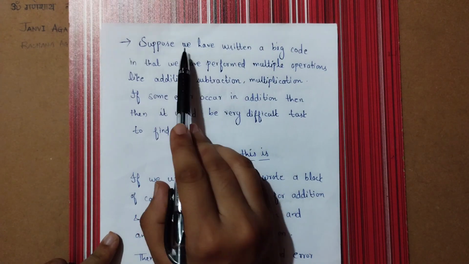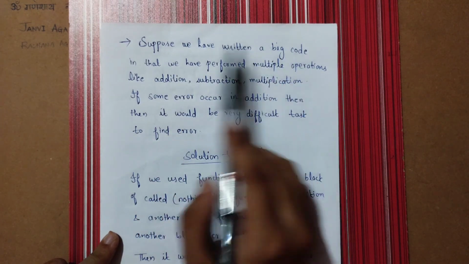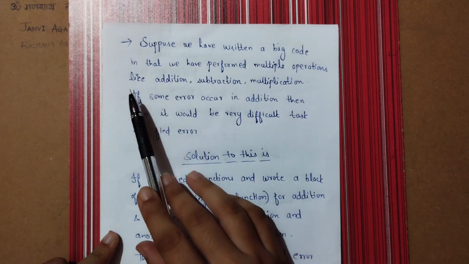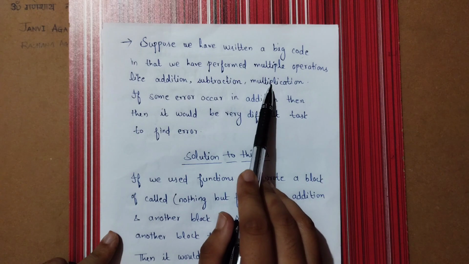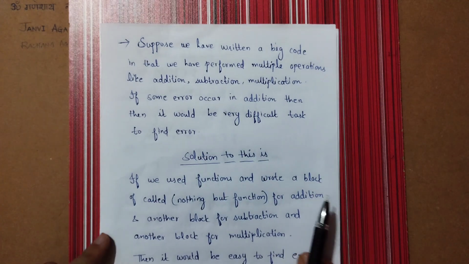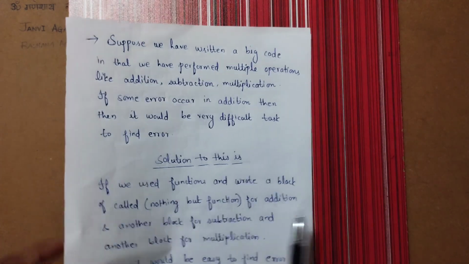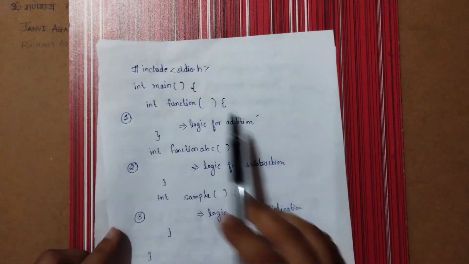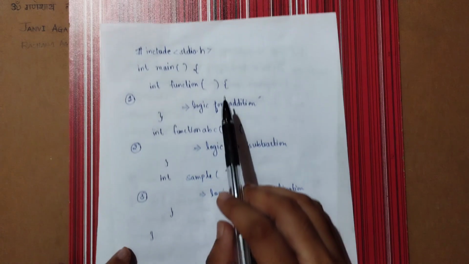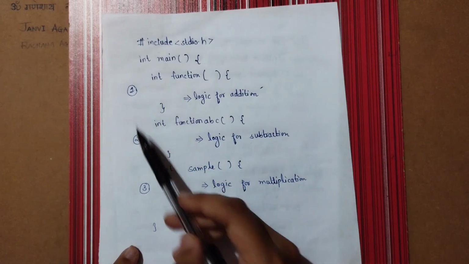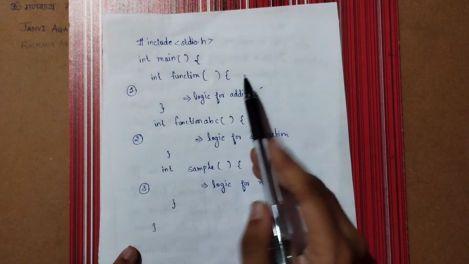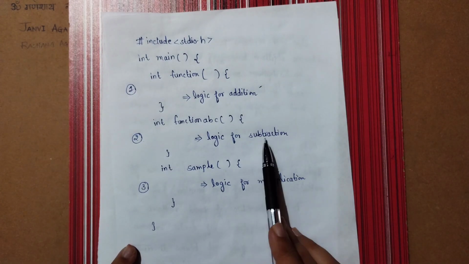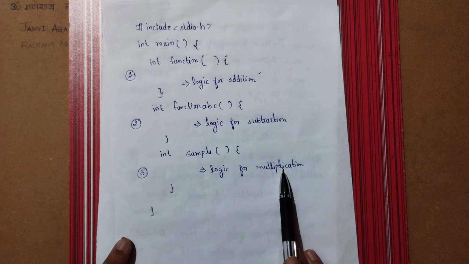Suppose we have written a big code in which we have performed multiple operations like addition, subtraction, multiplication. I'm considering three functions in the code. This is function 1 for addition, function 2 for subtraction, function 3 for multiplication.